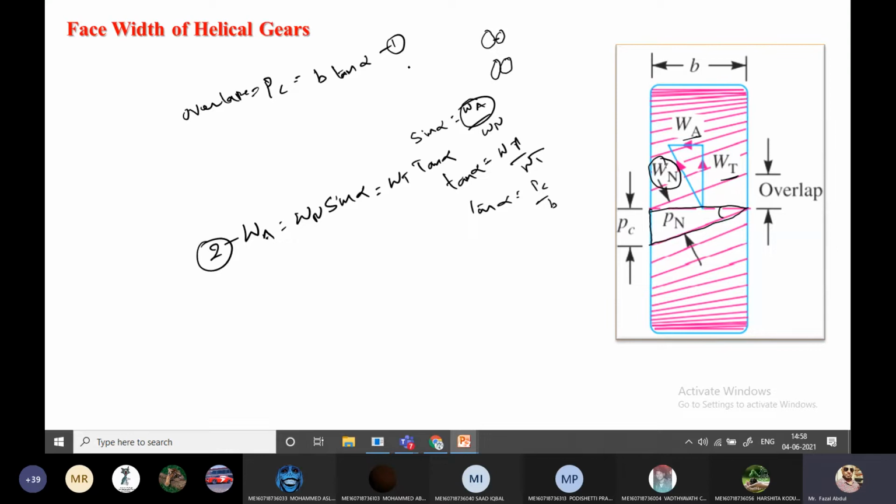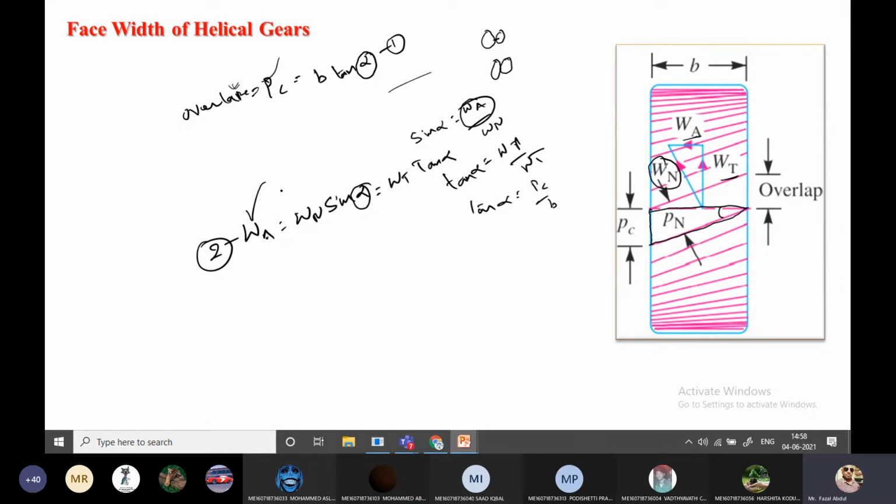See here, from equation 1 we can observe that if the alpha value increases, the Pc value also increases and the overlap also increases, nothing but the number of teeth in mesh at a time increases. That is the meaning. In the same manner, if alpha increases, the axial thrust WA increases.